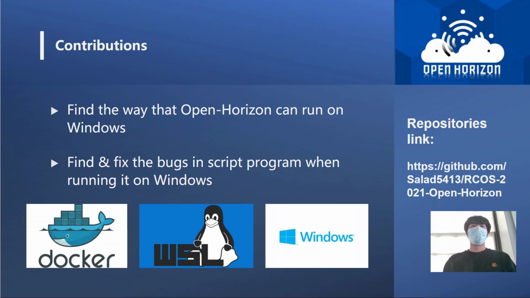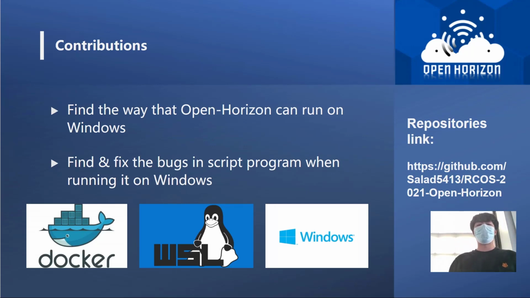And second, we noticed that there's another .sh file, which is a shell file running on the Linux system. So we tried to enter bash in Windows PowerShell and run the .sh file. Unluckily, it could not run at first, so we tried to find and fix the bugs in the .sh script.